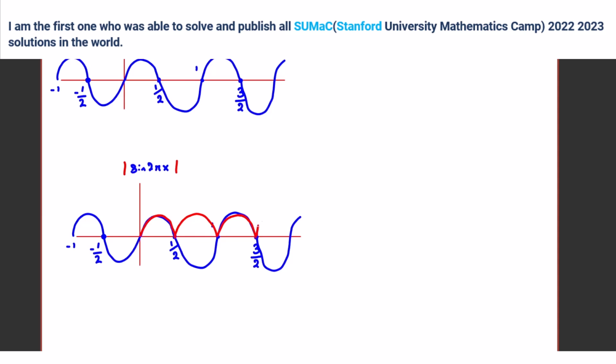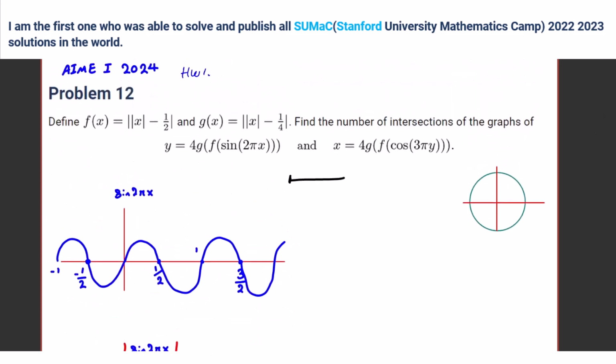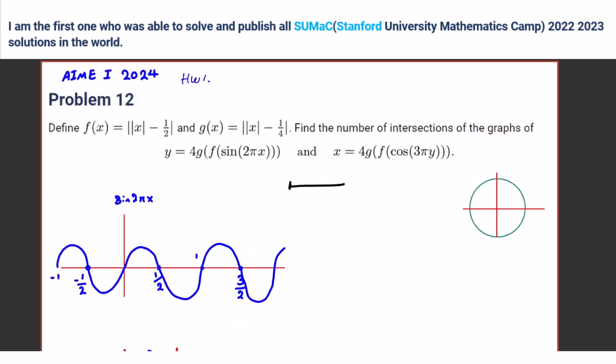It is 2, it is 1. Okay, and now we can erase this. Then we should subtract 1/2 and again take absolute value, right?